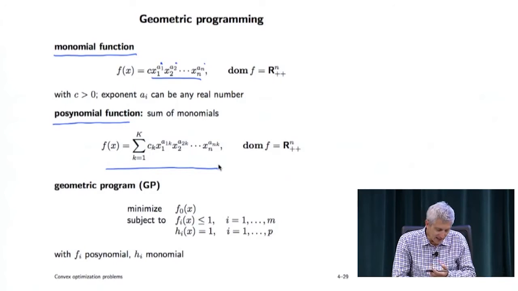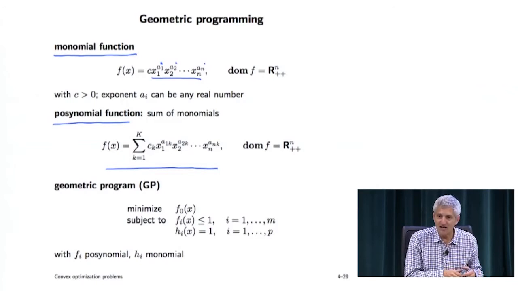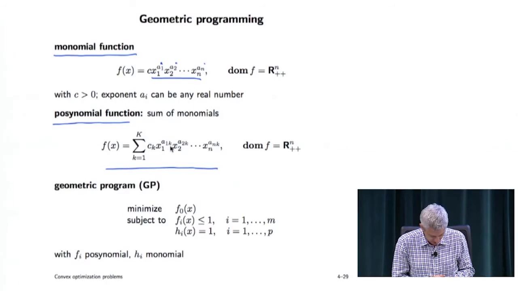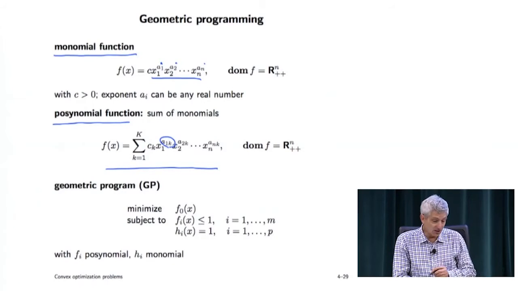And it's not quite the same as a positive polynomial. However, if you have a polynomial with non-negative coefficients, that is a posynomial. But posynomials are much broader because the exponents can be negative, and they can also be fractional, which is not true for a polynomial.